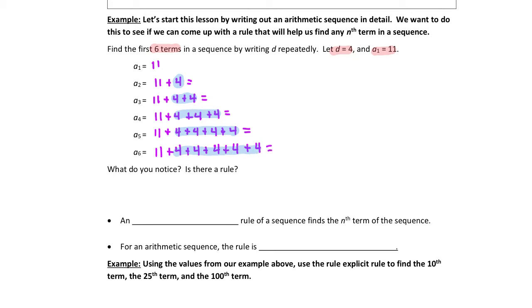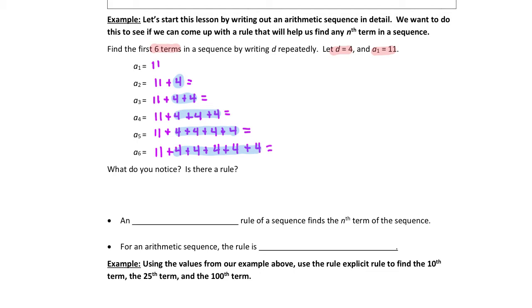I also know that repeated addition can be summarized with multiplication. So instead of writing out all of these 4s every time, I could just write these as multiplication. For example, I'm going to start with number 6 first.